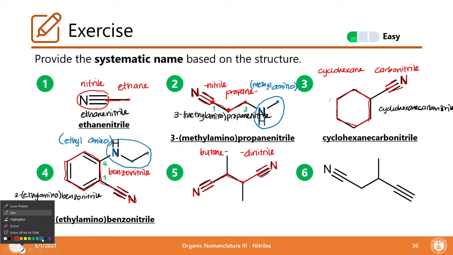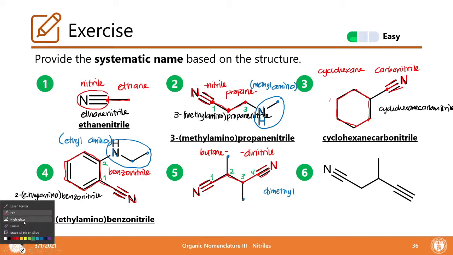Okay, and then we have 2 substituents. So we have a dimethyl. Performing low-count numbering, we have 1, 2, 3, and 4. I could have started from the right, but in either case, it would be the same.